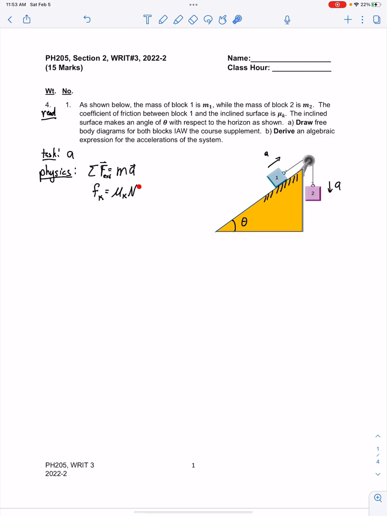Friction will not point in the same direction as the normal force. Now the magnitude is going to be dependent upon the magnitude of the normal force, but they don't point in the same direction. So we don't put the arrows up here like we did for Newton's second law.